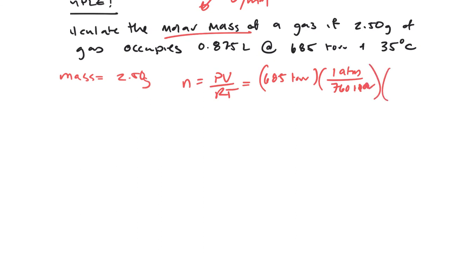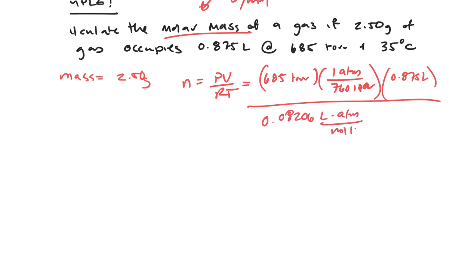The volume is 0.875 liters over R, 0.08206 liter atmospheres per mole Kelvin, times temperature in Kelvin, which is 35 plus 273, or 308 Kelvin. Unit-wise, torr cancel, atmospheres cancel, liters cancel, Kelvins cancel. I'm left with 1 over moles, which ends up being moles.